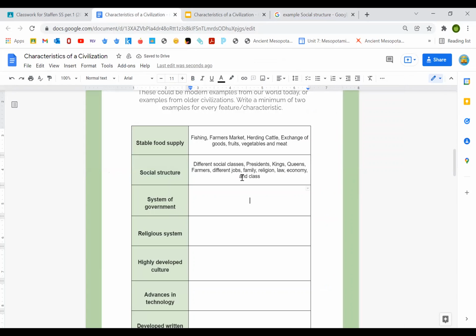System of government. So once again, presidents, kings, queens, people in a leadership role, rules or laws, punishments, like jail. Let's look for some examples there.